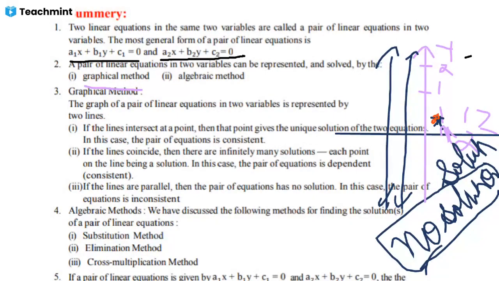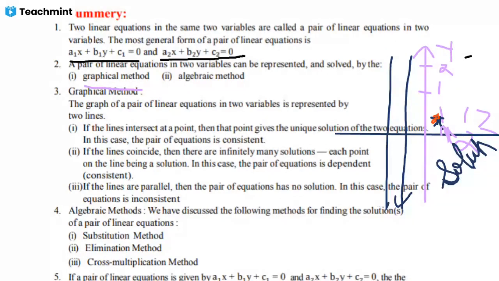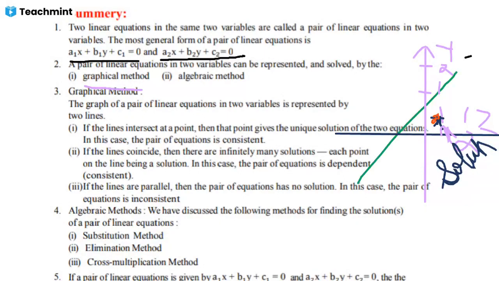And the third one, what we have. Suppose two lines overlap each other. Suppose one line you have like this and another line you draw on that same line. So you will get it like this.